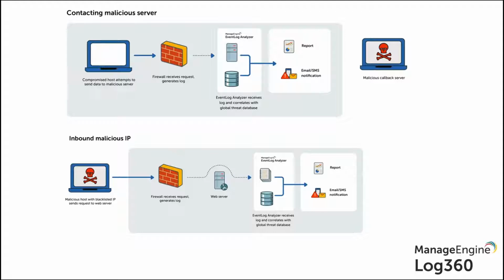As soon as this happens, the log that it generates includes this malicious server's IP address. So Log 360, or the event log component of Log 360, is immediately able to identify this malicious server's IP address, and you can immediately understand that there is a contact attempt being made with this malicious server, and you can put a stop to it immediately, right?